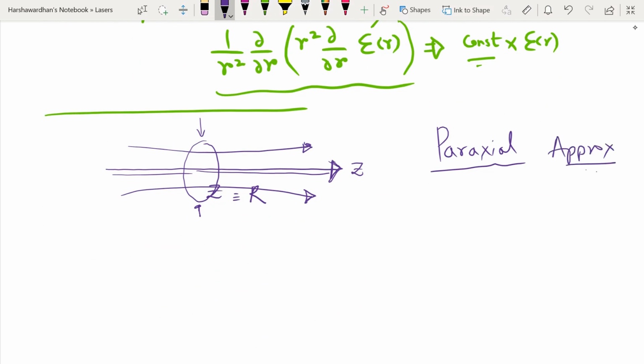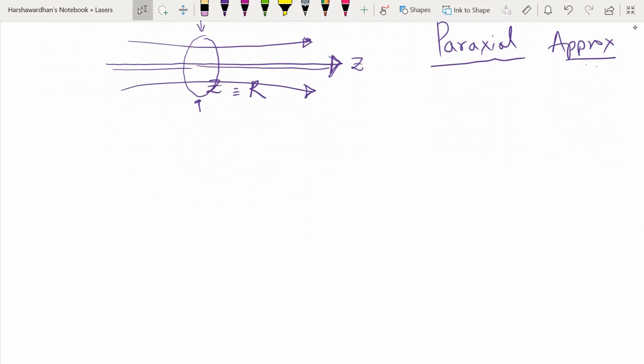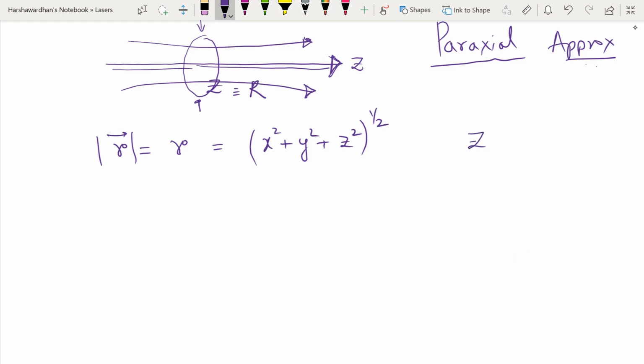Mathematically, if I look at the r vector and only its magnitude, in Cartesian coordinates I can write it as the square root of x square plus y square plus z square. You will clearly see that I'm interested in z's which are much, much larger than either x or y.